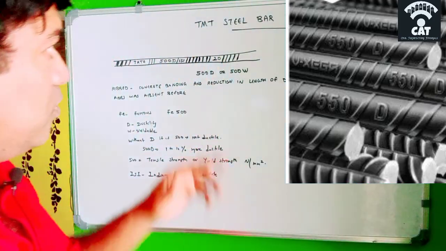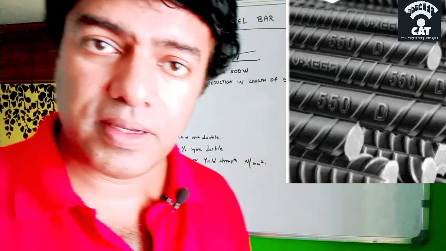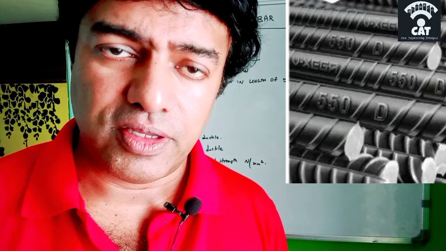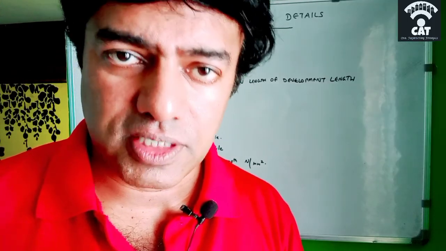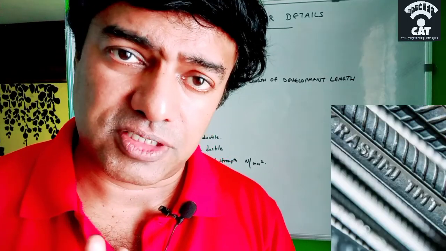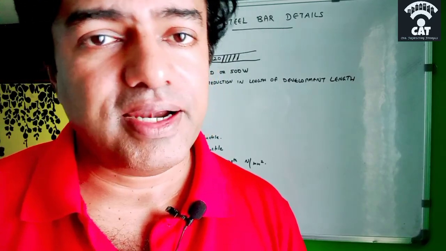And also, what is D? Some rods contain only 500. If it is only 500, the tensile strength will be 500 Newton per millimeter square, but there is no D. D stands for ductility.